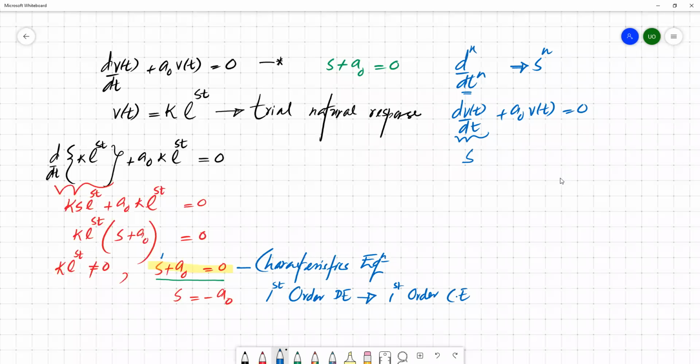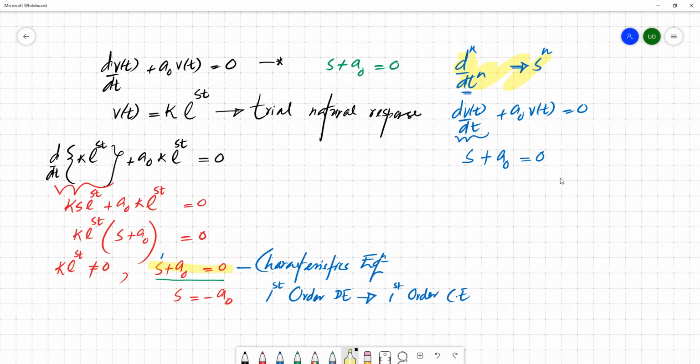Because we have a first order derivative here, n would be 1. So you can replace it with s to the power 1 plus a0. This is the zeroth order derivative term, which means n equals 0. So then you have s to the power 0, which is actually 1, equals 0. So this is the substitution we can recommend here.